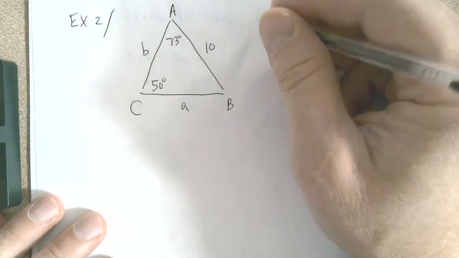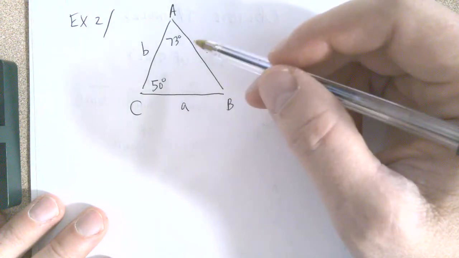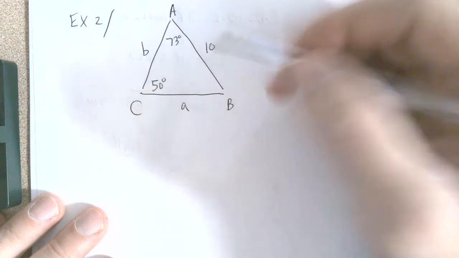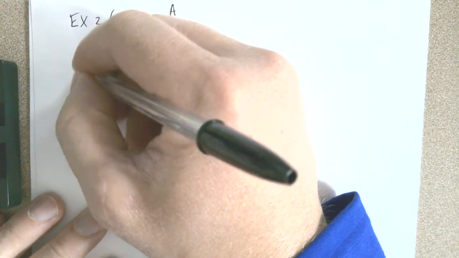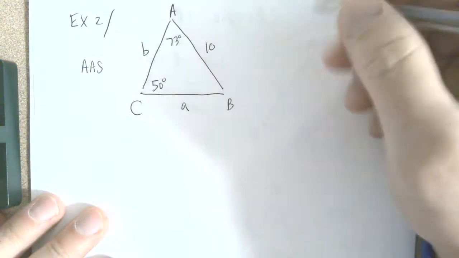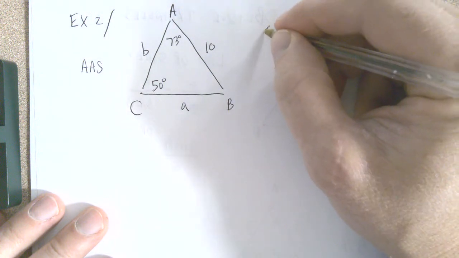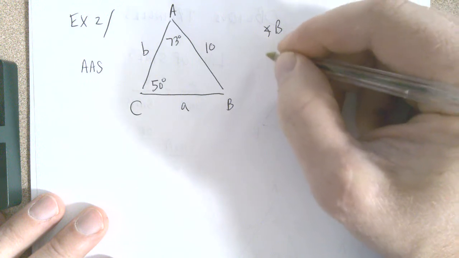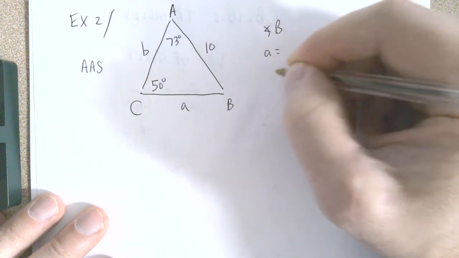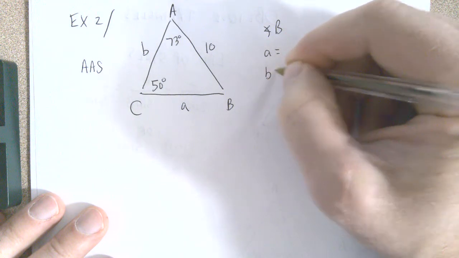So go ahead right now and see if, notice on this one we're given angle side. This is another instance where we can use law of sines. See if you can find angle B, side A, and side B.